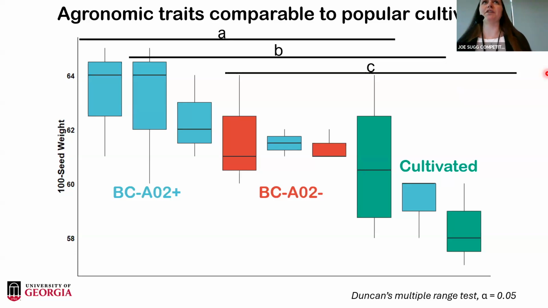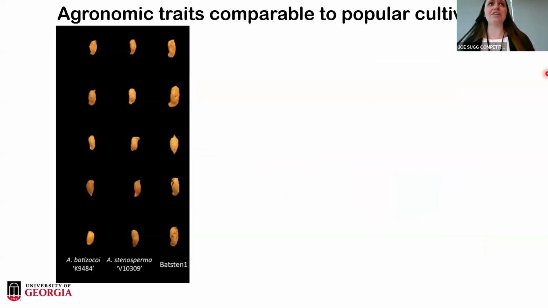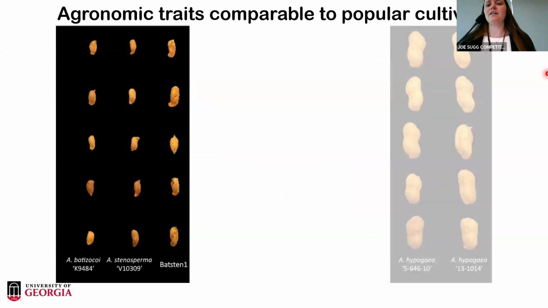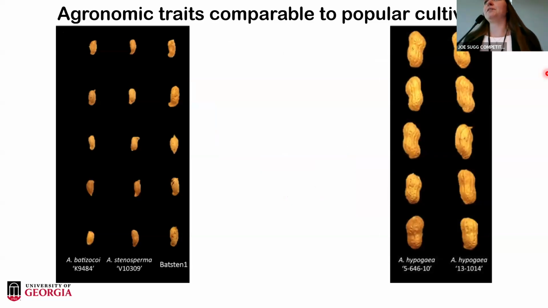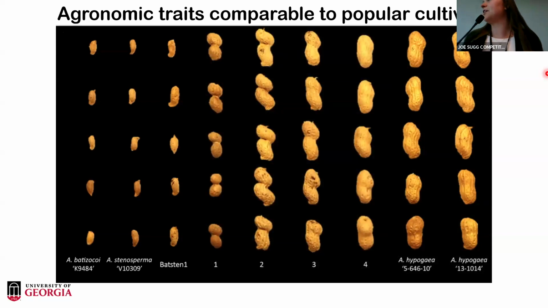We saw a very similar pattern with pod constriction. Wild species generally have single-seeded pods, whereas the cultivated species has double-seeded pods that are very large. And when we look at the backcross lines, we can see quite a bit of variation in pod constriction, which refers to the tightness of the pod in between the 2 seeds of a double-seeded pod.